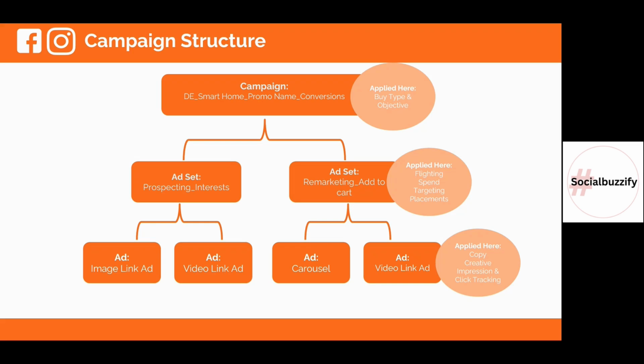Or if it is the video creative, then we have to upload the video creative as well in the UI. When I say UI, it refers to the ad manager platform. So guys, every campaign objective needs to have its own ad creative.